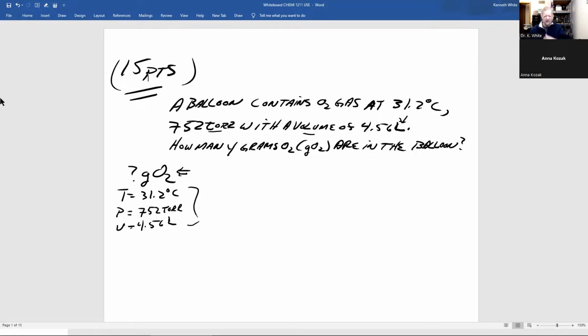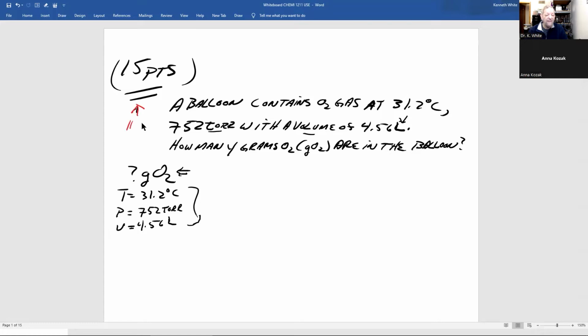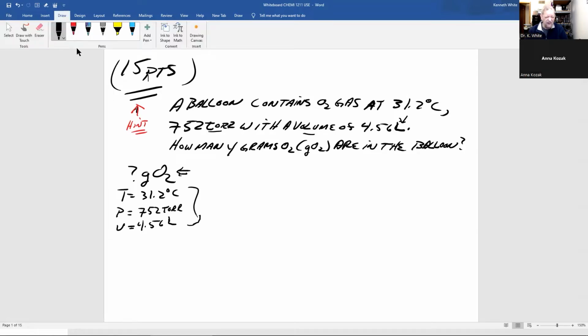Now, wait a second. We're dealing with a gas. And if you notice right here, does the temperature, pressure, or volume change? No. So, also, when you see 15 points, this is the only problem this whole semester that's that many points.